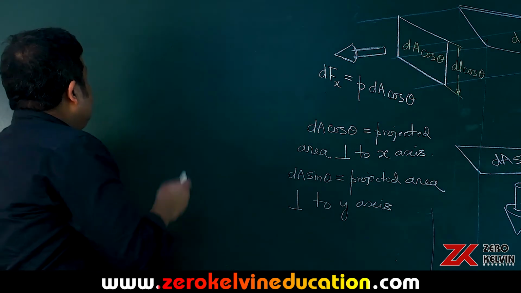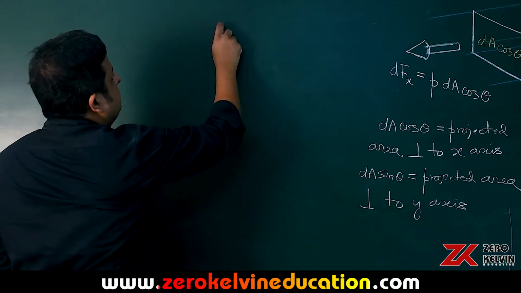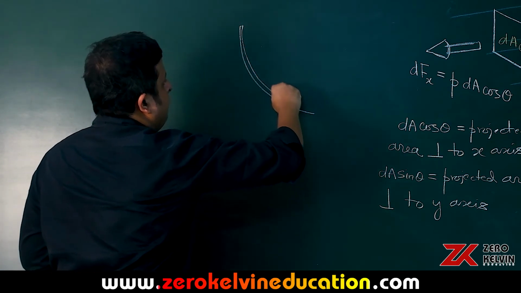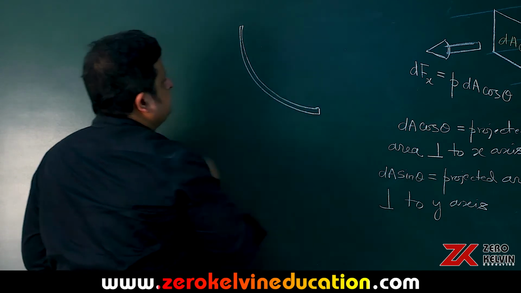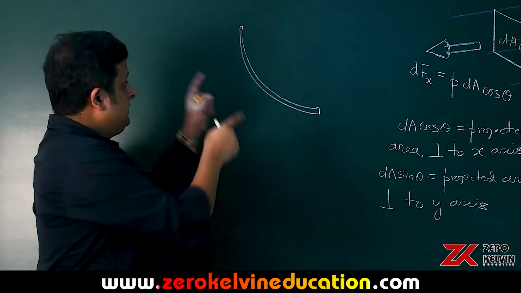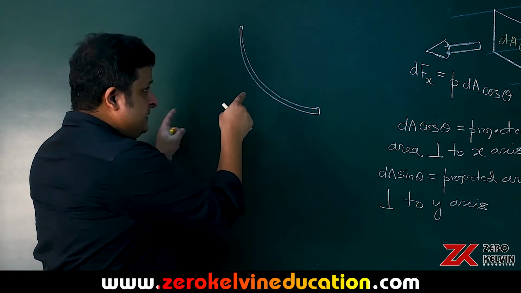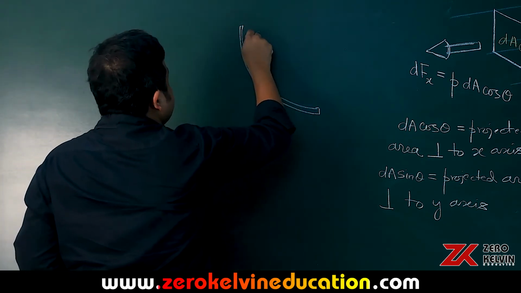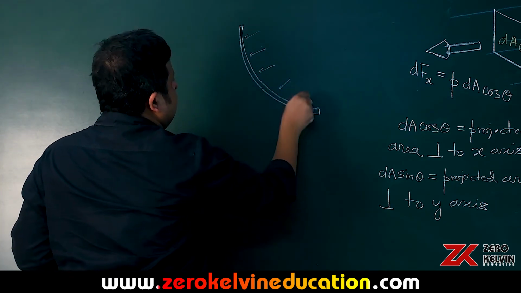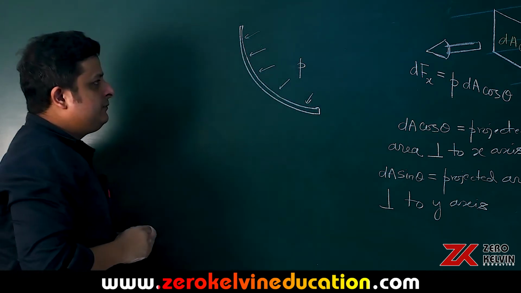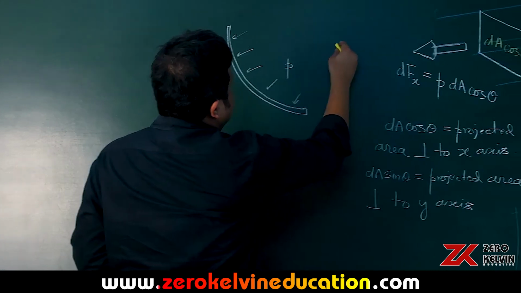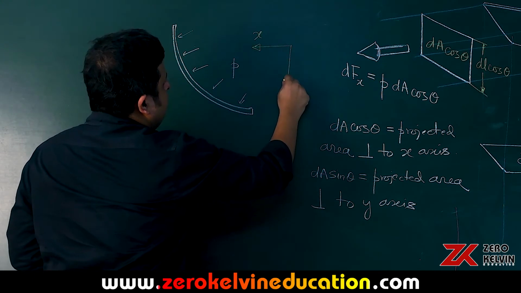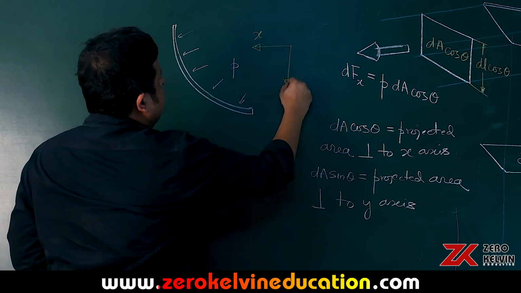So let's take this curved surface. So this was the quarter shell. This has got a width. Where is the width? Width is there, perpendicular to the plane of the board. Now, as the pressure acts normal to the surface, and as per our choice, the x and y axis were this: x towards the left and y towards the downward direction.